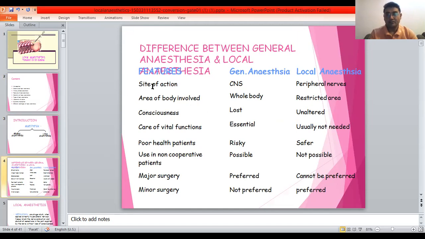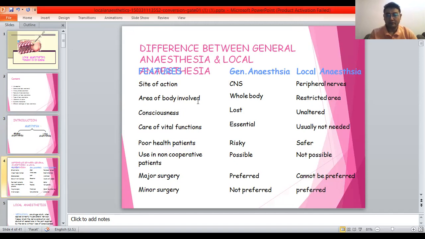According to site of action, in general anesthesia the site of action will be the CNS, the central nervous system, but the site of action for local anesthesia will be peripheral nerves. It will be in our hand, our finger, or our foot. So it is peripheral nerves, versus the central nervous system.